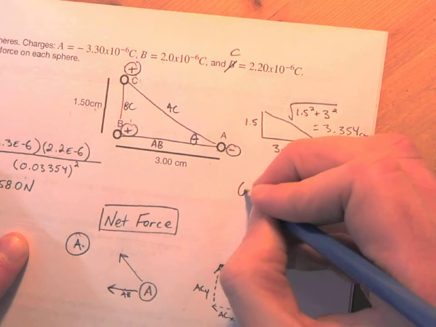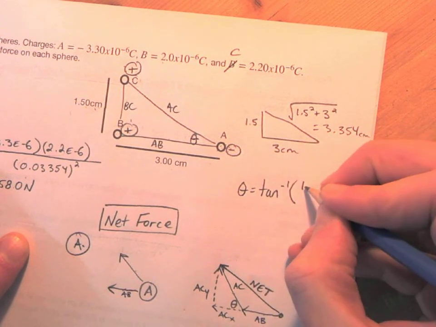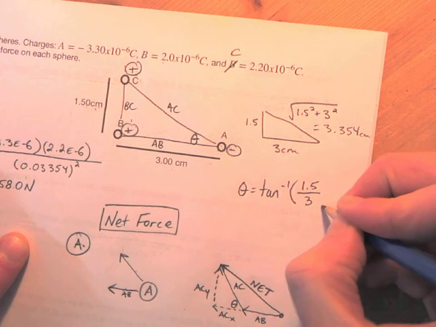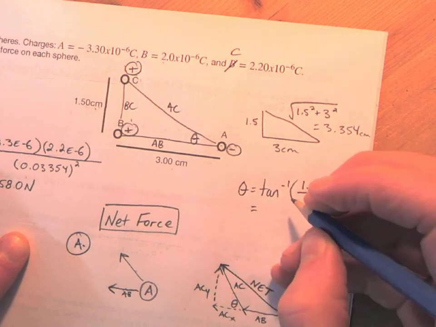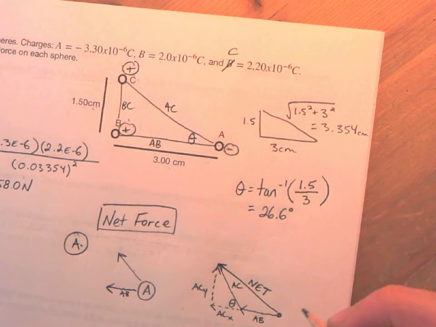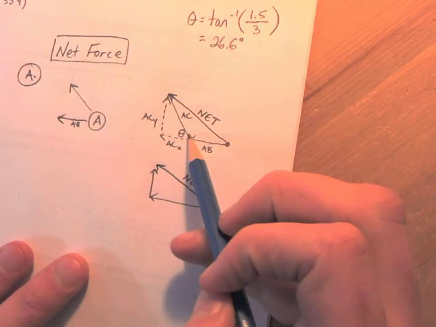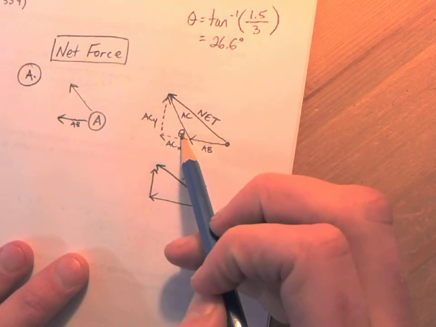So if we want to know what theta is, let's do a quick side calculation. It's tan inverse of 1.5 over 3, which is 26.6 degrees. So that means this theta is 26.6 degrees.